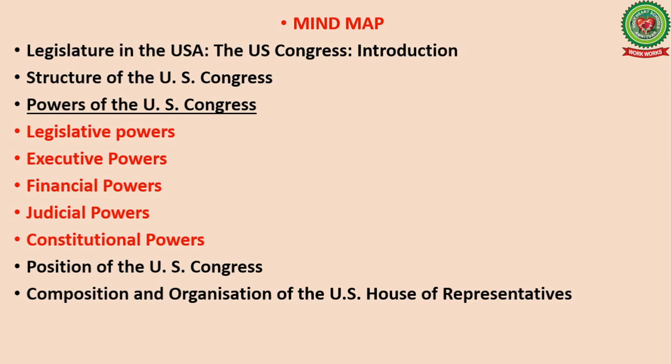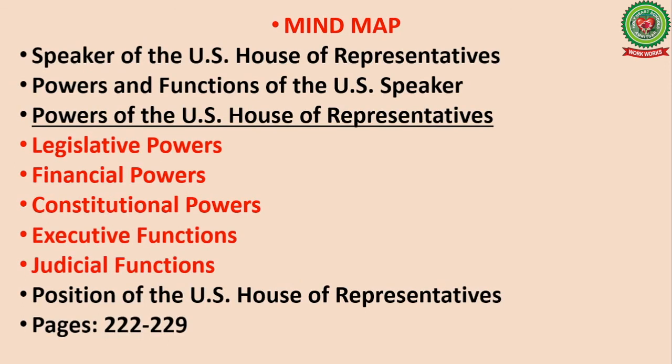Then I have talked about the position of the US Congress. Then composition and organization of the US House of Representatives. Then I have talked about the Speaker of the US House of Representatives, powers and functions of the US Speaker. Then I have talked about the powers of the US House of Representatives.